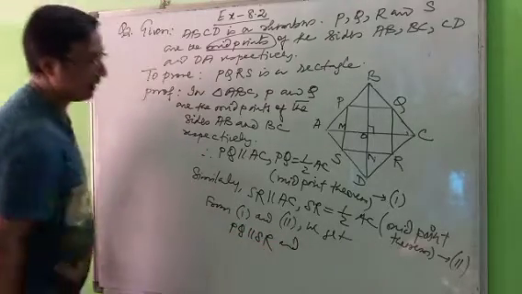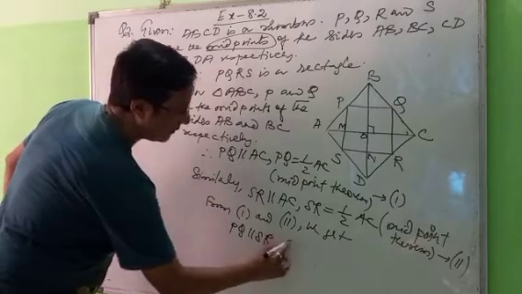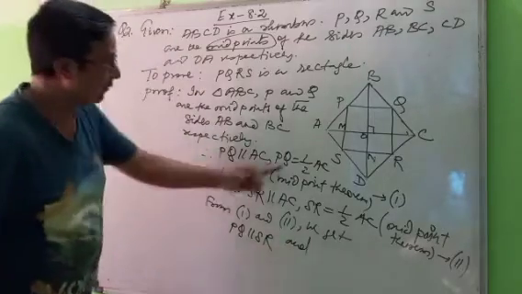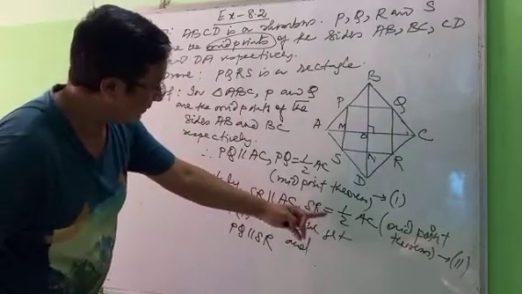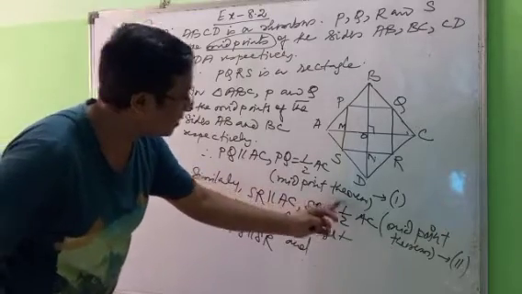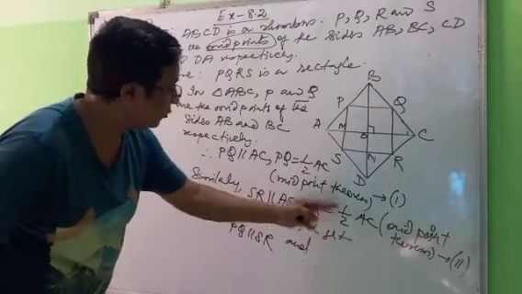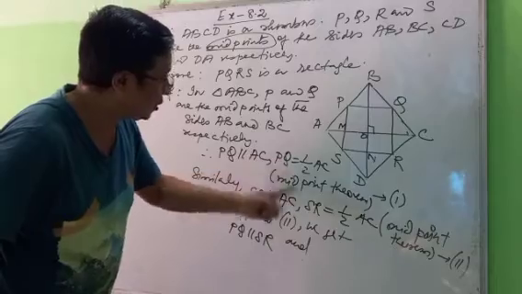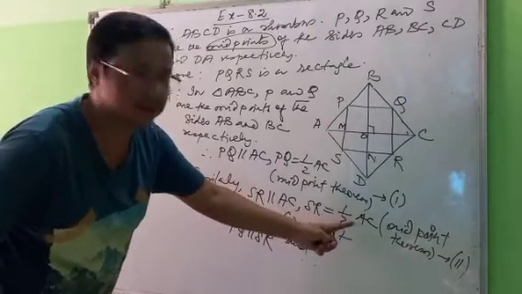And from these two equations, if you compare, in place of half of AC, you can put PQ. So SR equals PQ.